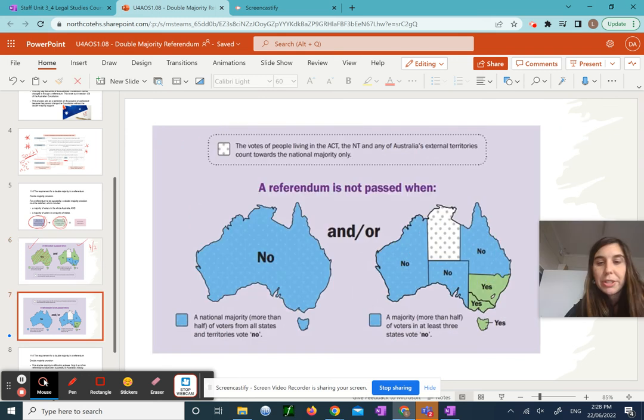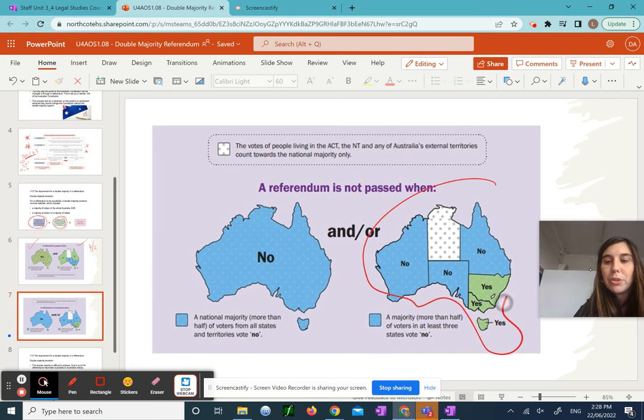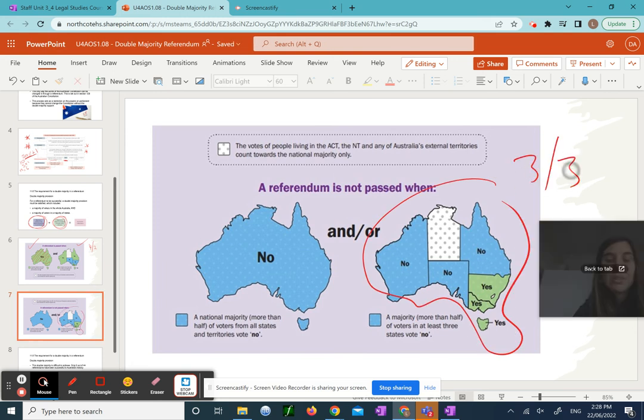Alternatively, we might get something that looks a little bit like this, where you've got the majority of no voters, and you can see a lot of states here, 3 out of 3 states have said no as well.